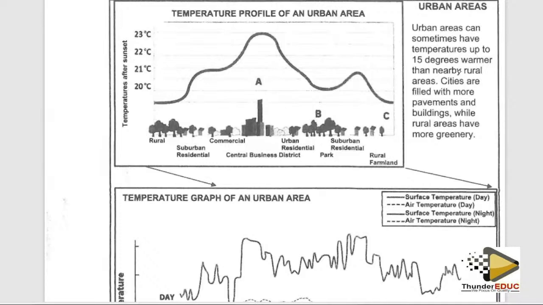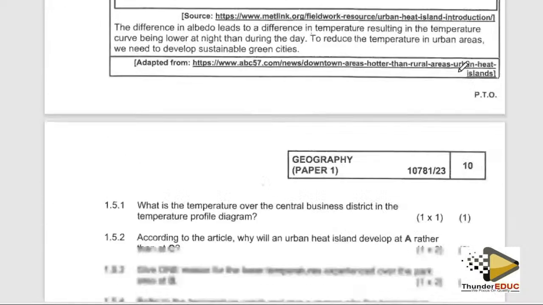So if we check at the CBD, use a ruler here. There are lines showing this is 20. 21. This is our CBD here, which is 23. CBD is 23 degrees C, right?